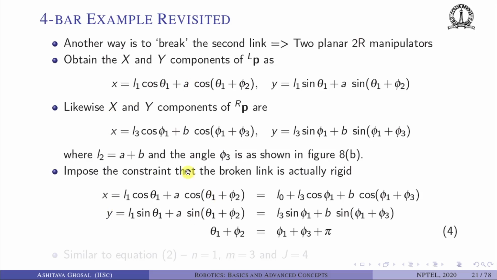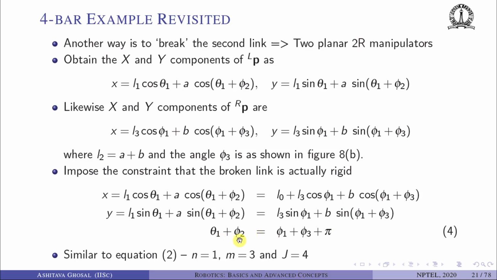So x from the left side will be equal to the right side, y from the left side will be equal to y from the right side, and the orientation of the coordinate system where we have broken is given by theta 1 plus phi 2, and from the other side it is phi 1 plus phi 3 plus pi. This pi comes because the x-axis is pointed opposite in the two coordinate systems.